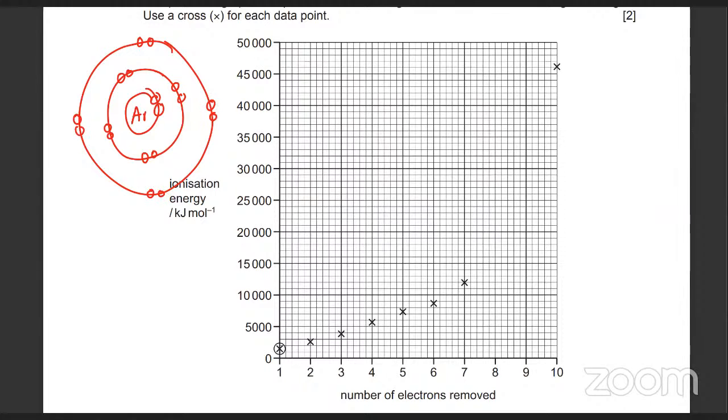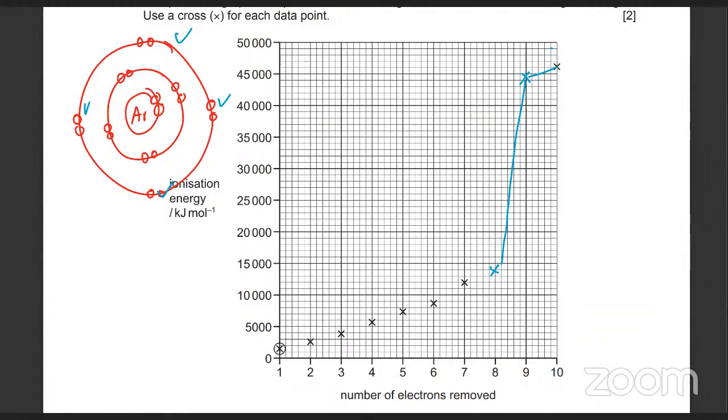Removing the first 8 electrons from the outer shell would be easier, and removing the 8th electron would also not be that difficult. But removing the 9th electron would be very difficult. So the graph is going to give you a big jump.